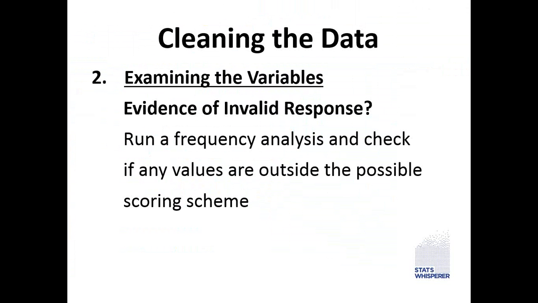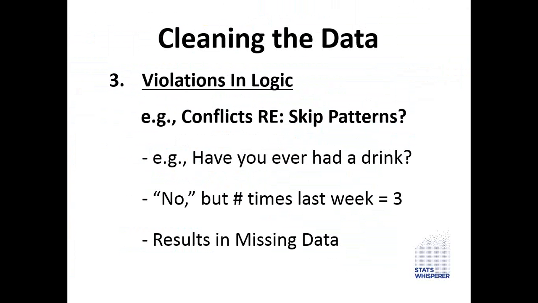So 2, looking at our invalid responses, right, examining the variables. Now 3, violations in logic. This could be many things. For example, it could be a conflict within skip patterns, or it could just be something that doesn't make sense. So if I said to you, like with the community violence, how often have you been chased?